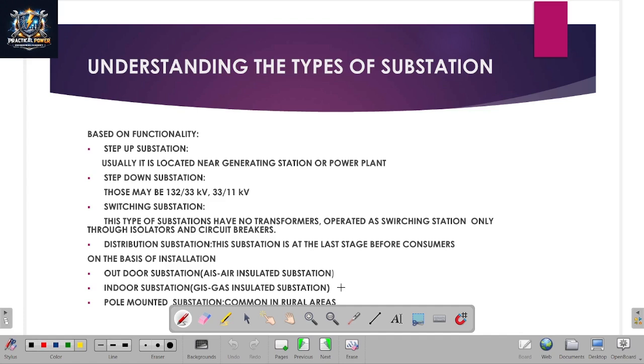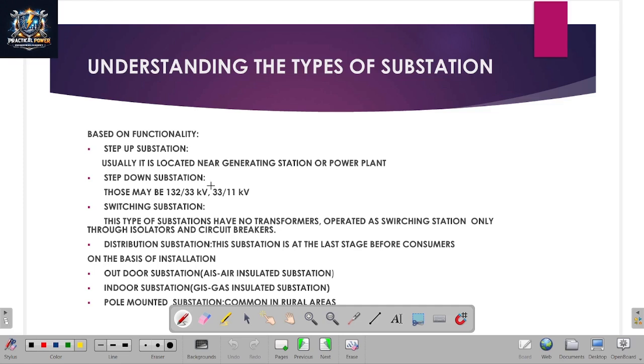We know the voltage is generated at 11 kV to 25 kV. Here it is stepped up to higher voltages. Higher voltage may be 132, 220 or 400 kV, like that.